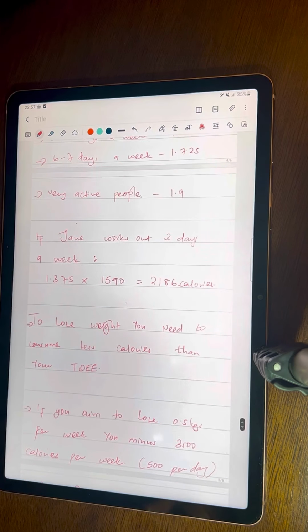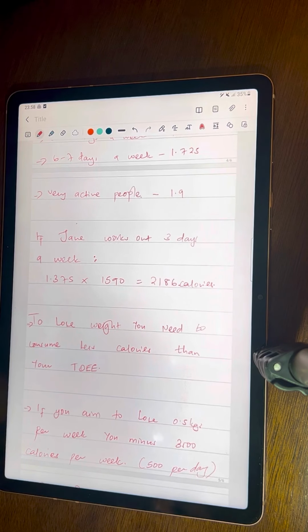So if we use our Jane up there and we assume that Jane works out 3 times a week and it's heavy workout, then we're going to use an activity level of 1.375, and that's going to give a total daily energy expenditure of 2186 calories. So if we want Jane to lose weight, we minus a number of calories from the 2186.